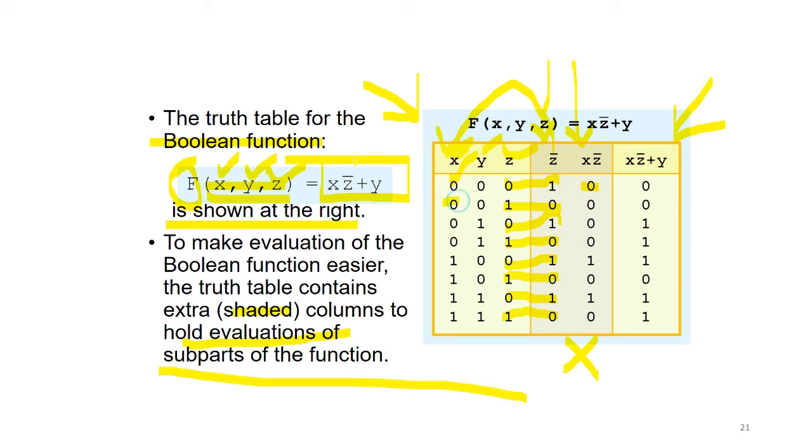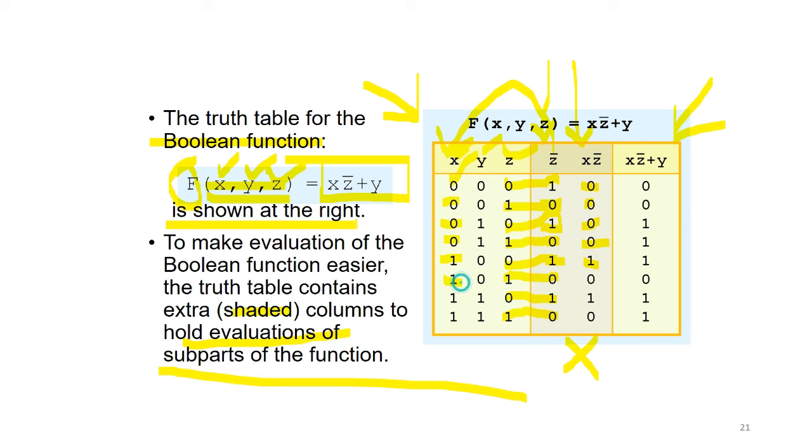This 0 getting multiplied with 0 gives us 0. 0 getting multiplied with 1 gives us 0. Then again this 0 getting multiplied with this 0 gives us 0. This 1 getting multiplied with 1 gives us 1.